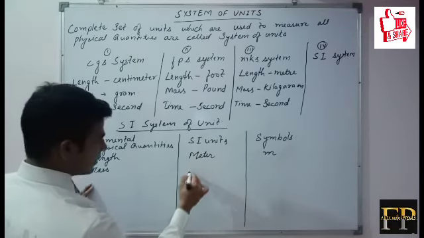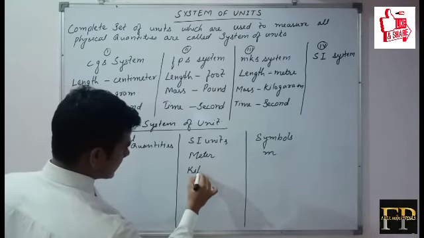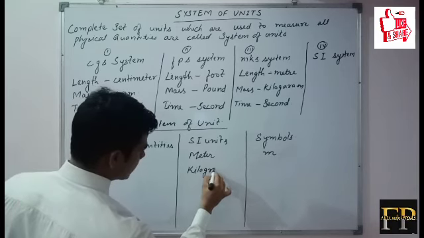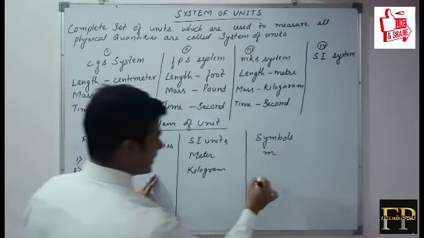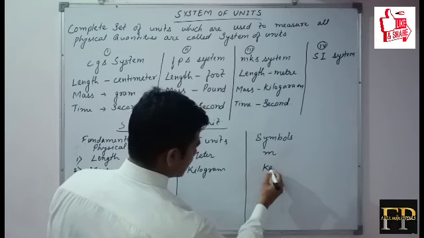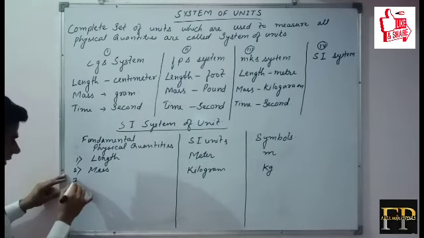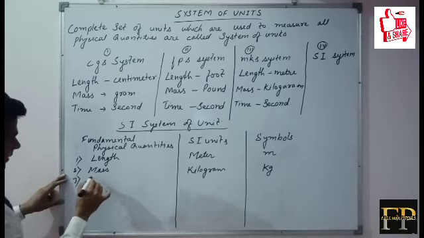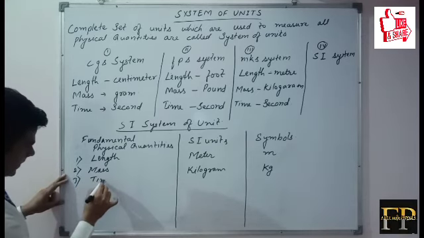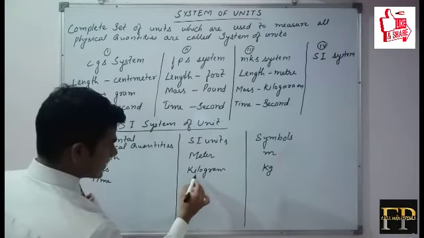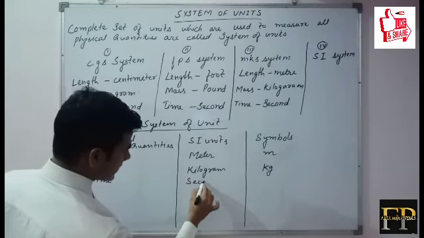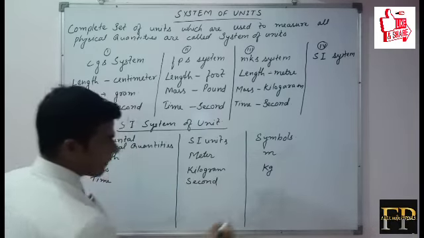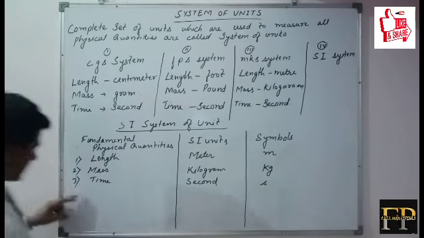The SI unit of mass is kilogram, and we write it as kg. Third, time. The SI unit of time is second, and we write it as s.